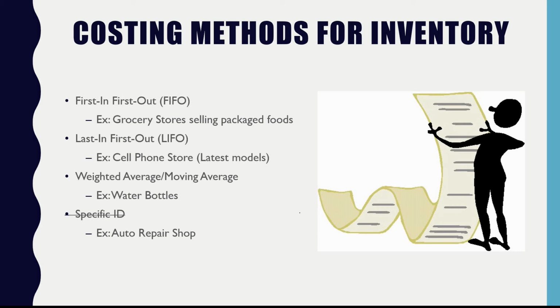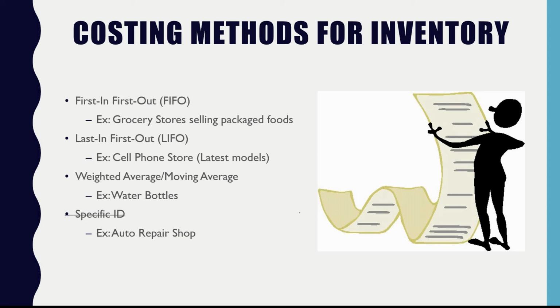It's specific to the customization of whatever part they're looking for. And that is specific ID. In this class, that's a more advanced level of accounting, because you're going to be tagging each item at a specific cost, and you're just going to calculate it as whatever service or product that you sold, etc.